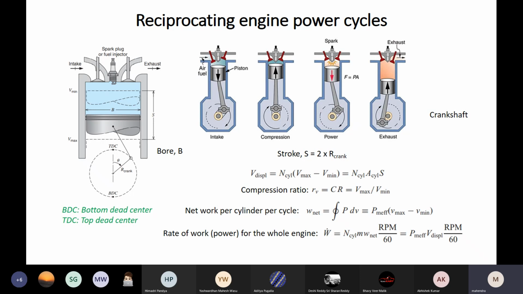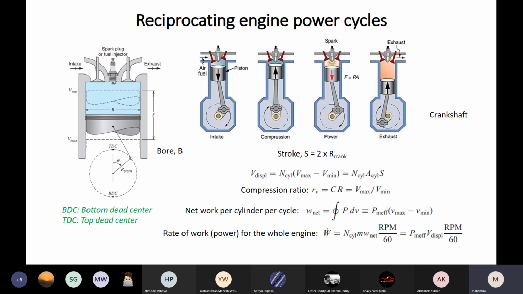Ignition means, in case of the Otto cycle, your petrol engine, fuel and oxidizer, air plus fuel, are mixed very well and supplied together. The only thing is that at constant volume we are starting this ignition.